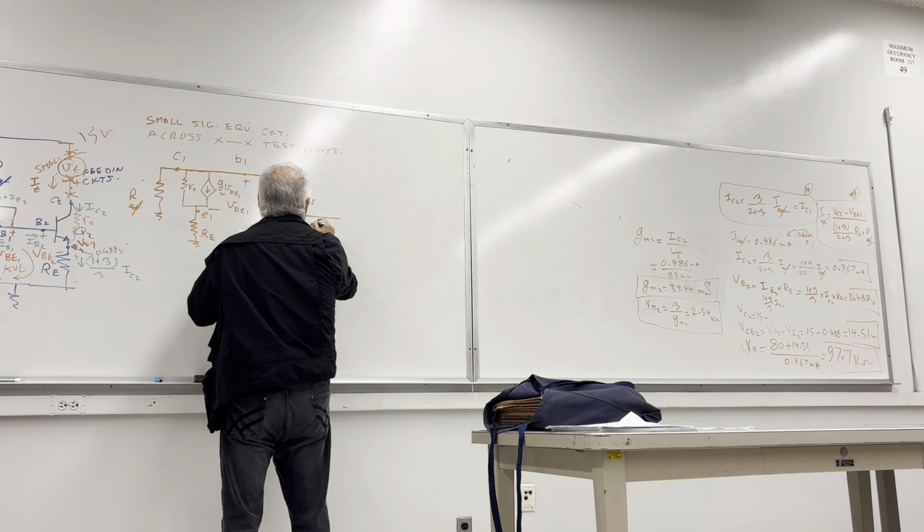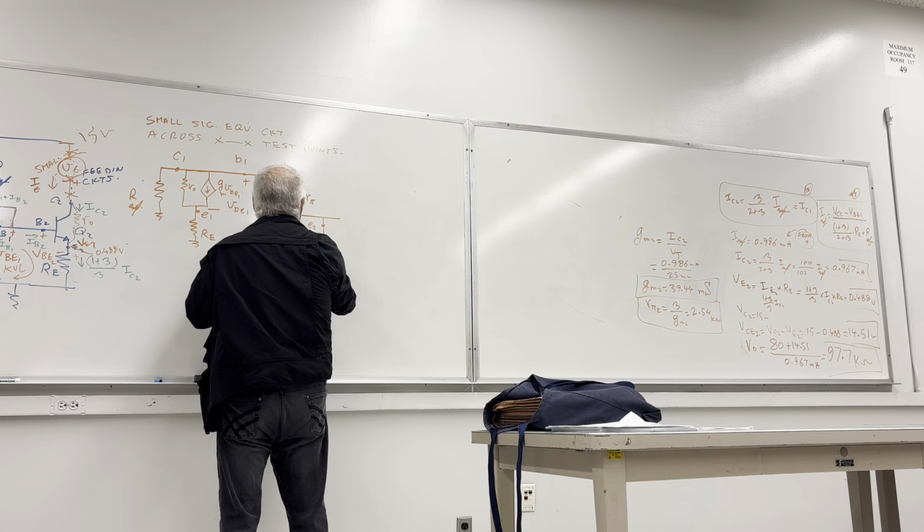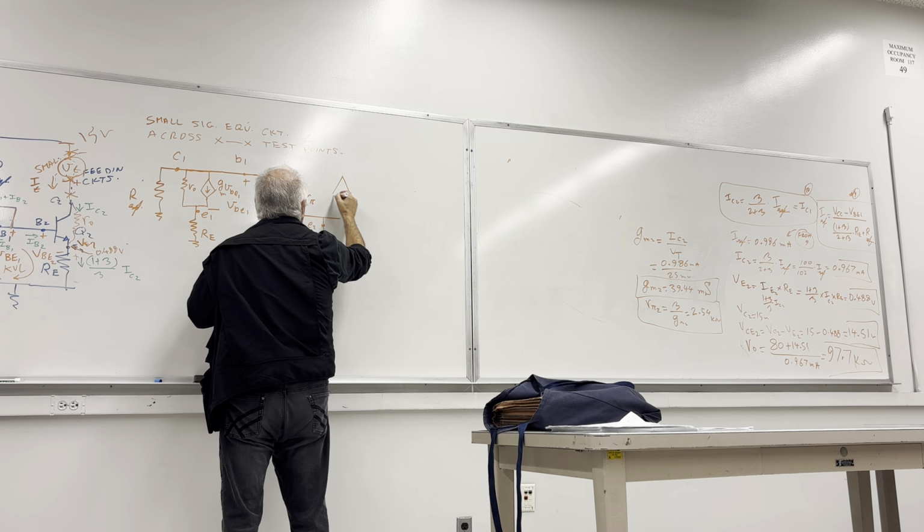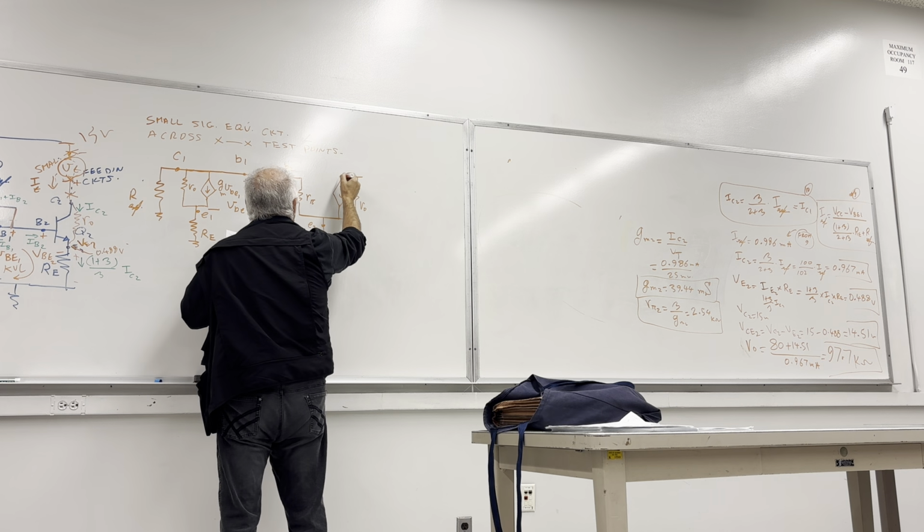Then E of the 2, you have RE, and you've got the current source here. And then you have RO of the second transistor, which we calculated.